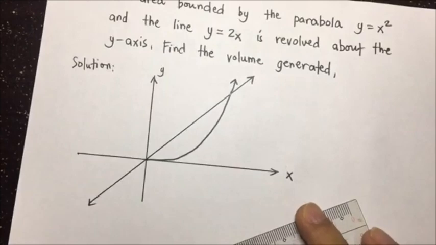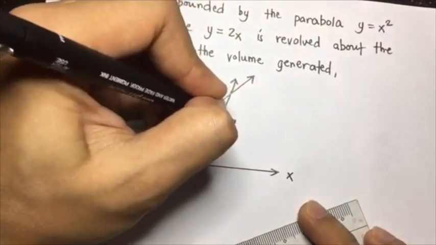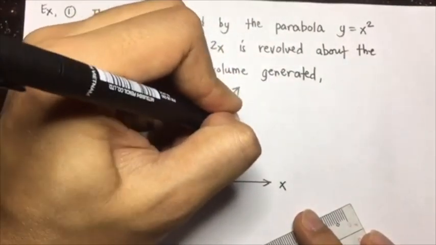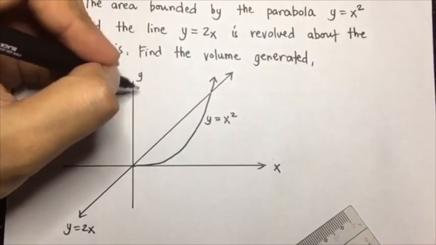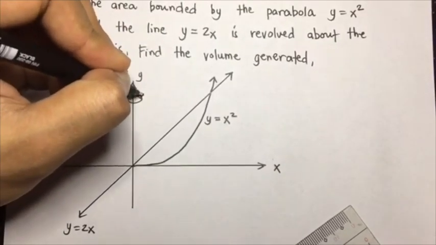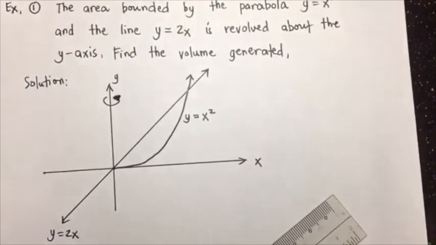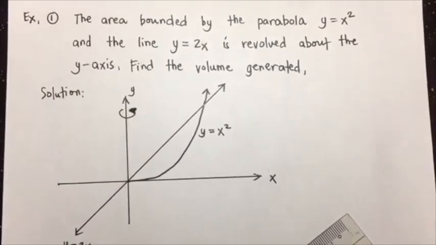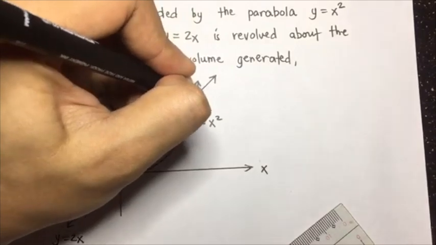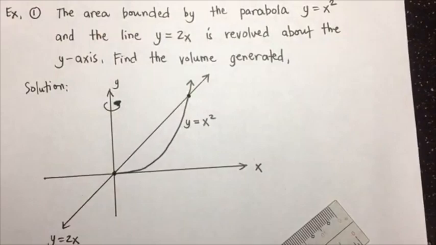This line is y is equal to 2x. This parabola is y is equal to x squared, and then it is revolved about the y-axis. We have to find their intersection so that we can determine the limits.